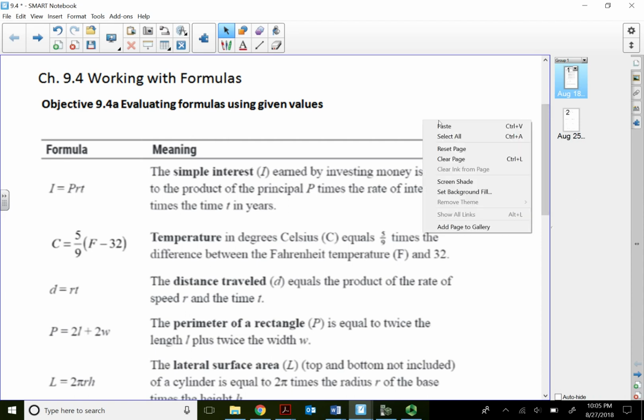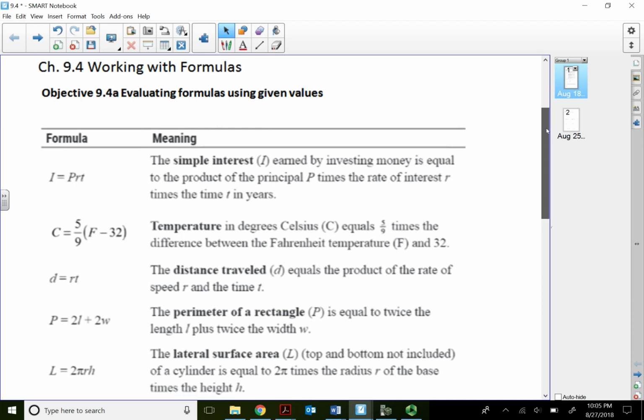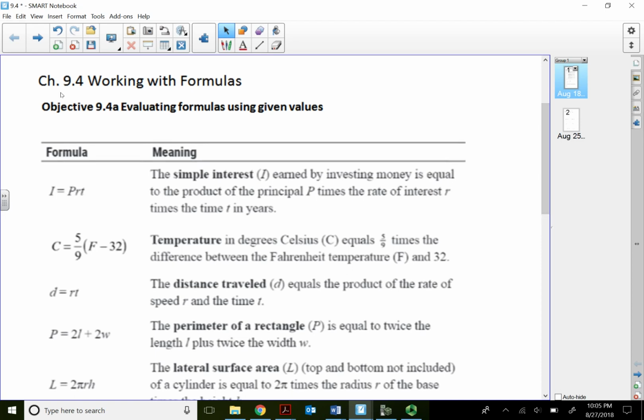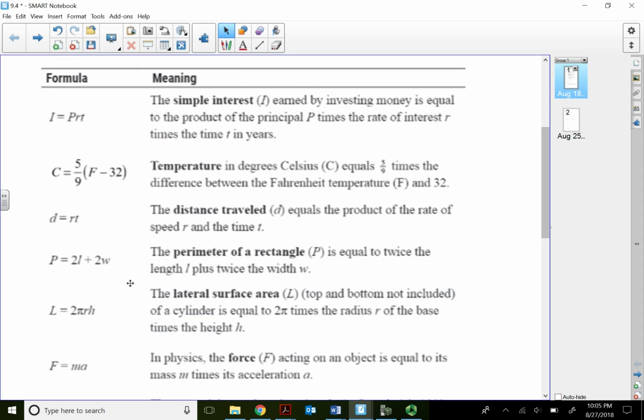So basically, what we're going to do here is exactly the same thing as in the previous three lecture videos, modules 9.1, 9.2, and 9.3, except now we're just going to work with some formulas.